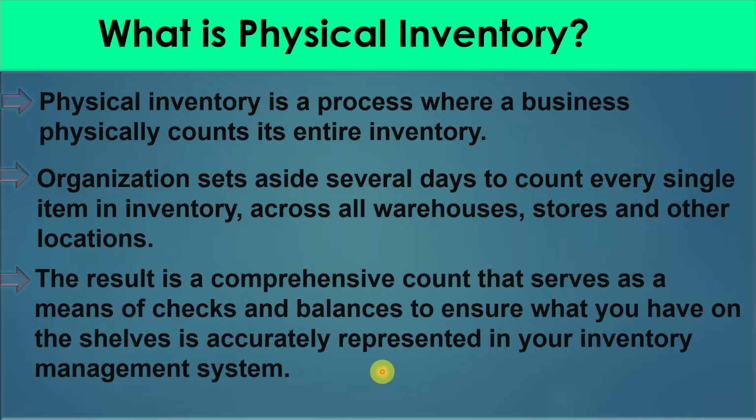Then the result of the comprehensive count serves as a means to check and balance, and to ensure what you have on shelves is accurately represented in your inventory management system. That inventory management system might be SAP or might not be SAP, but every organization has a physical inventory. It's a different matter what ERP software they are using, or whether they are keeping their entries in registers and so on.